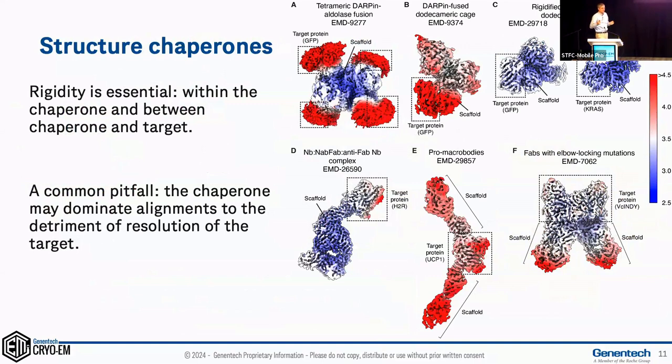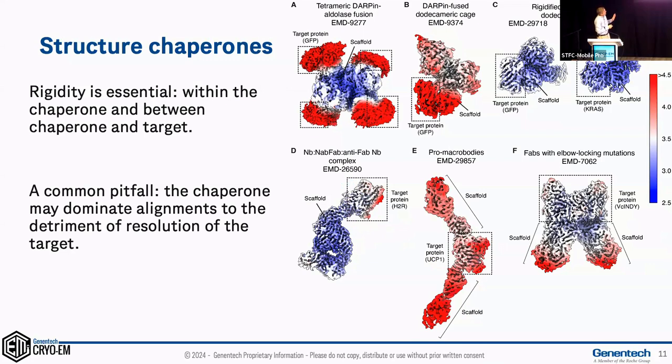things that carry your protein along the process of structure determination and help you do structural biology. And there are a number of examples out there, and I'm just summarizing some of them in this figure, where the maps are colored by local resolution, and the target protein is boxed with the dashed lines.